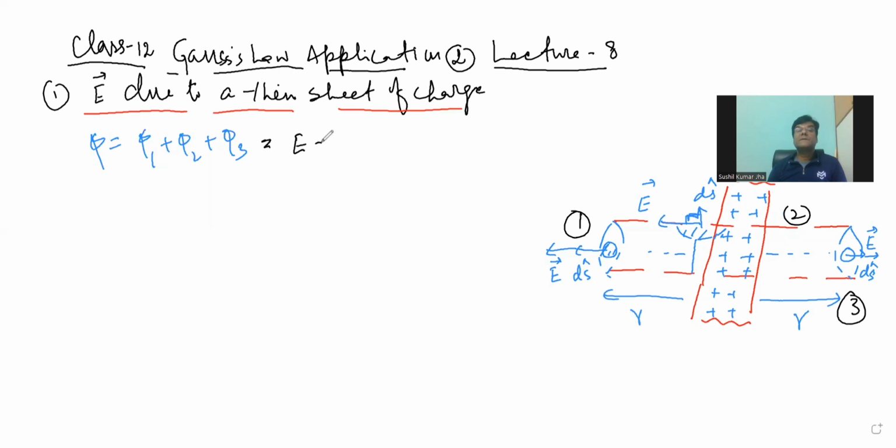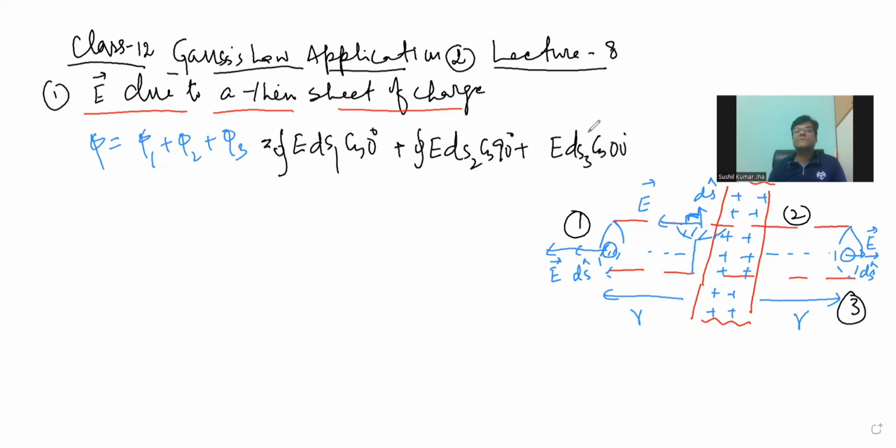So we will write E ds1 cos 0 degree for the first surface, plus E ds2 cos 90 degree, plus E ds3 cos 0 degree, which means phi would be, cos 0 is 1, so this is Es plus cos 90 is 0, plus Es, equal to 2Es1.